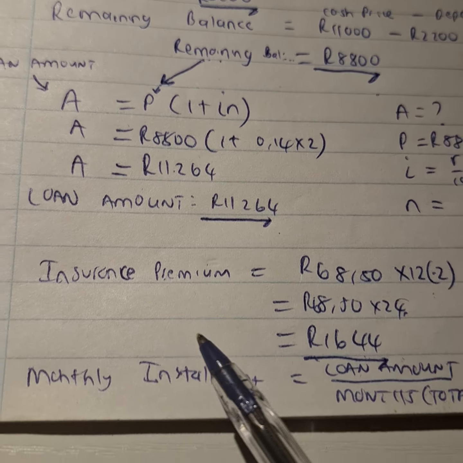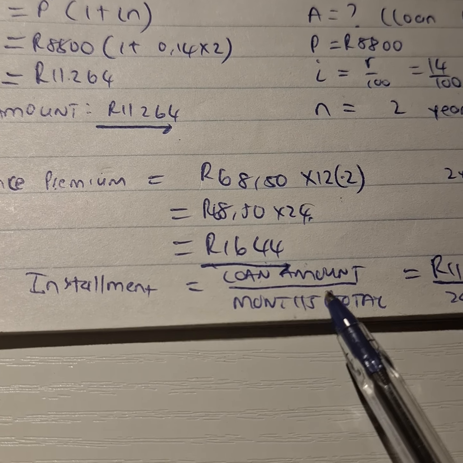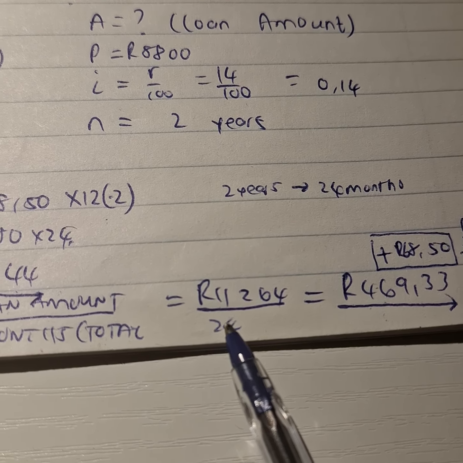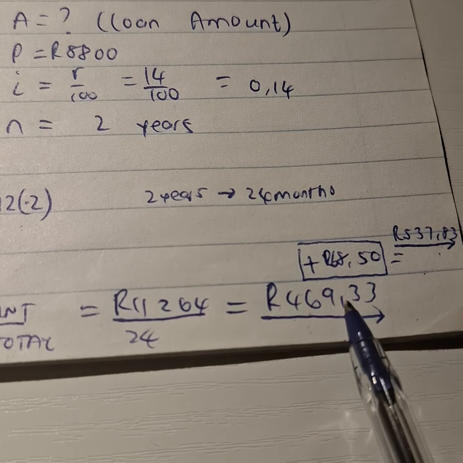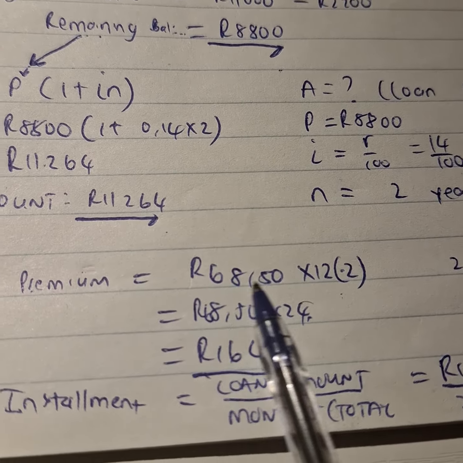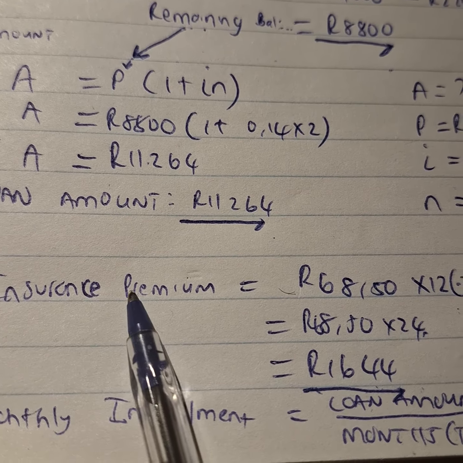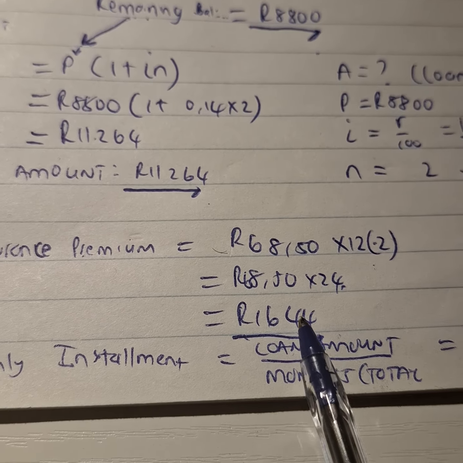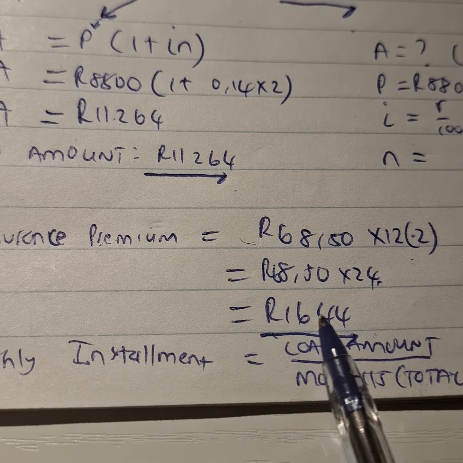Then in order to get the monthly installment, we take that loan amount, we divide it by the total number of months that 2 years represents. So if we divide the 11,264 by 24, we get 469 rand 33 cents, which is the monthly installment excluding the monthly premium. Because remember, additionally they said that we have to pay a monthly insurance premium of 68 rand 50, which we know in the 24 months is actually 1,644 in total.